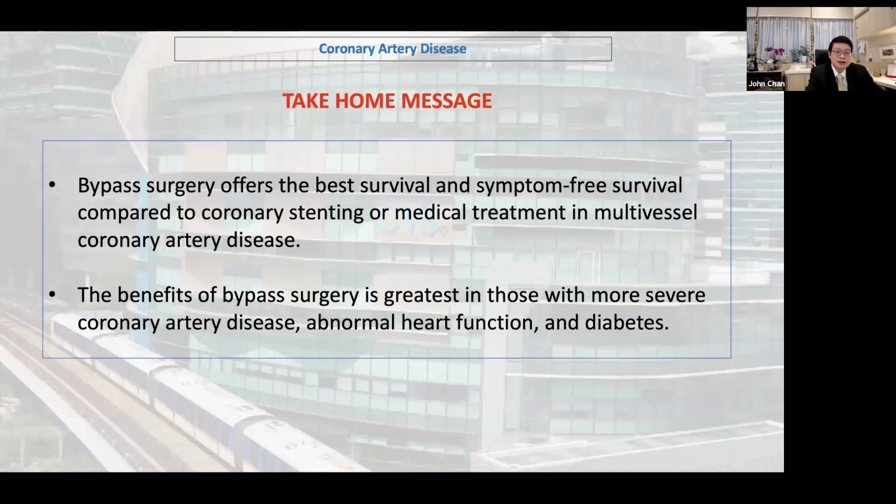Bypass surgery offers the best survival and symptom-free survival, meaning survival without any symptoms of chest pain or breathing difficulties, compared to coronary stenting or medical treatment in multivessel coronary artery disease. The benefits of bypass surgery is greatest in those with more severe coronary artery disease, abnormal function, and diabetes.